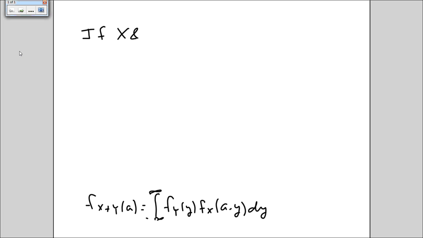So, if x and y are independent, uniformly distributed random variables on 0, 1, they're uniformly distributed on 0, 1.